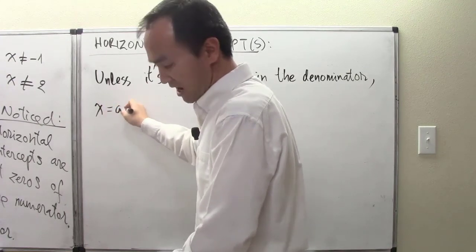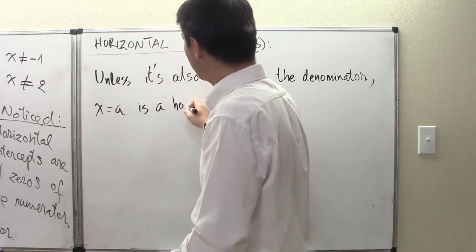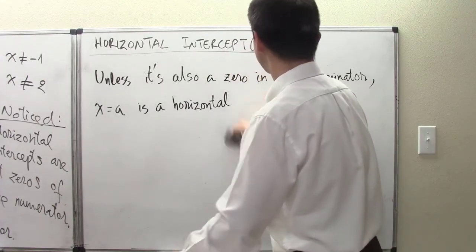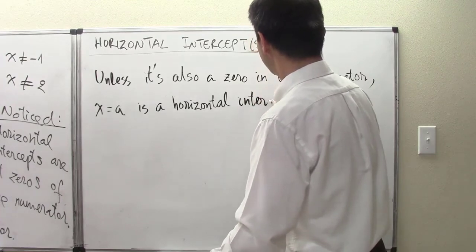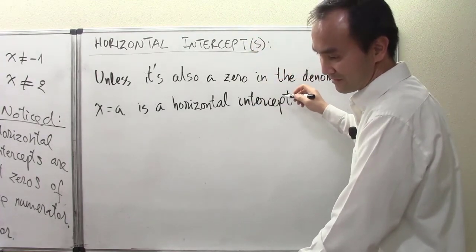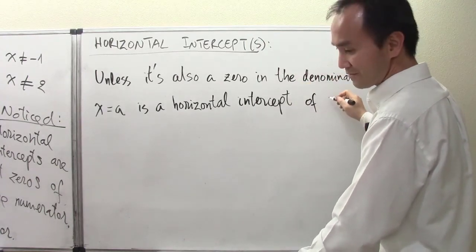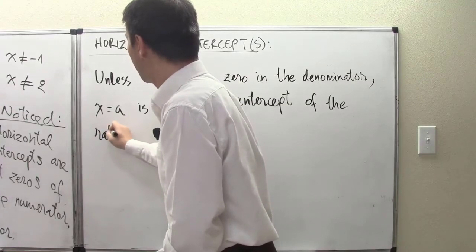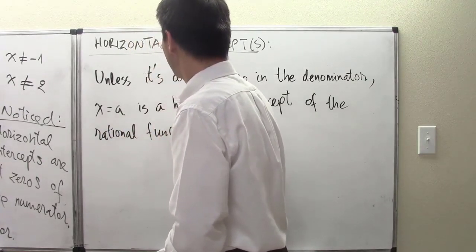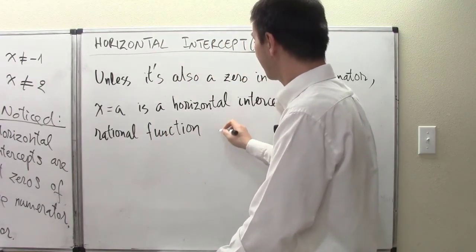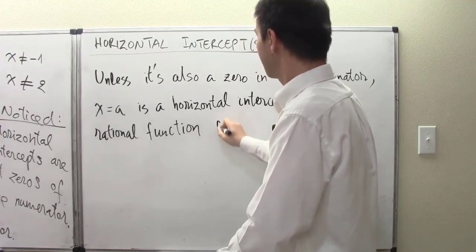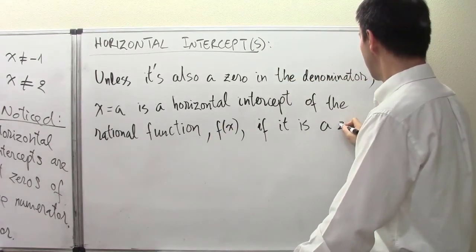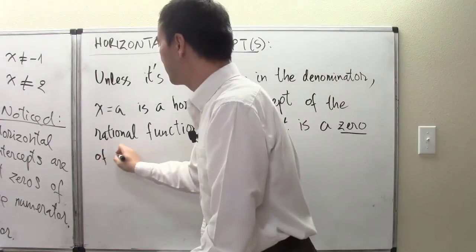Any value x equals a is a horizontal intercept of the rational function f of x if it is a zero of the numerator.